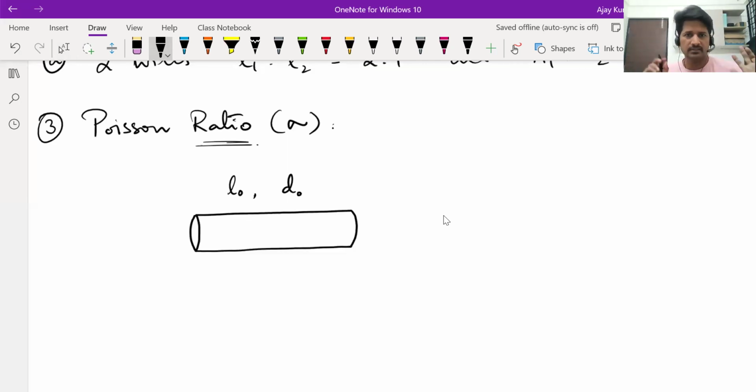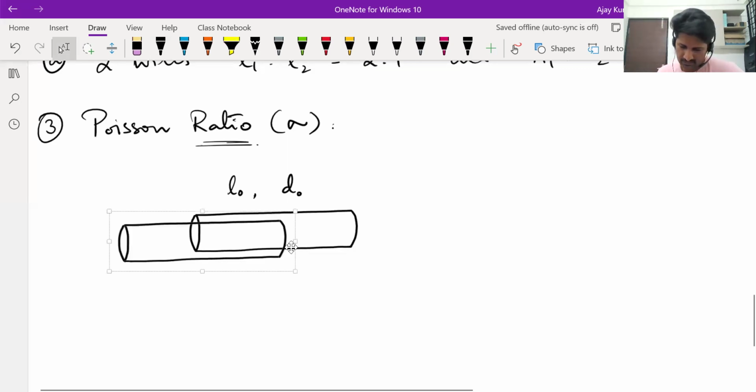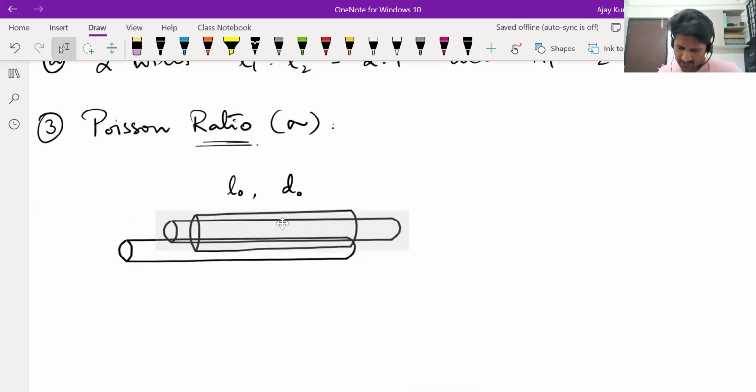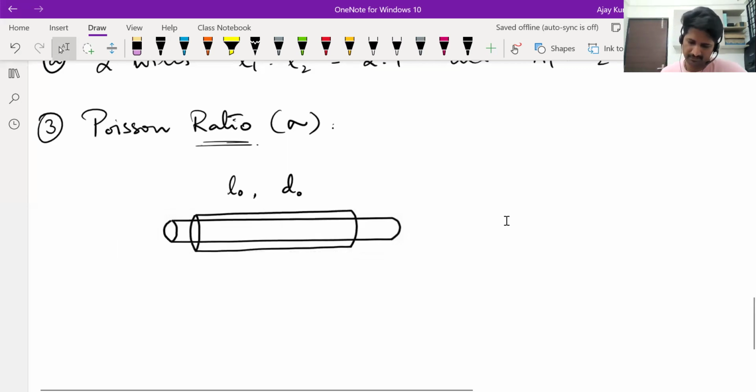Now, generally, if you stretch anything, length increases, the area of cross section decreases. So in this case, the diameter decreases. So what happens when you stretch it is, it becomes somewhat like this. Imagine it being stretched from both sides.